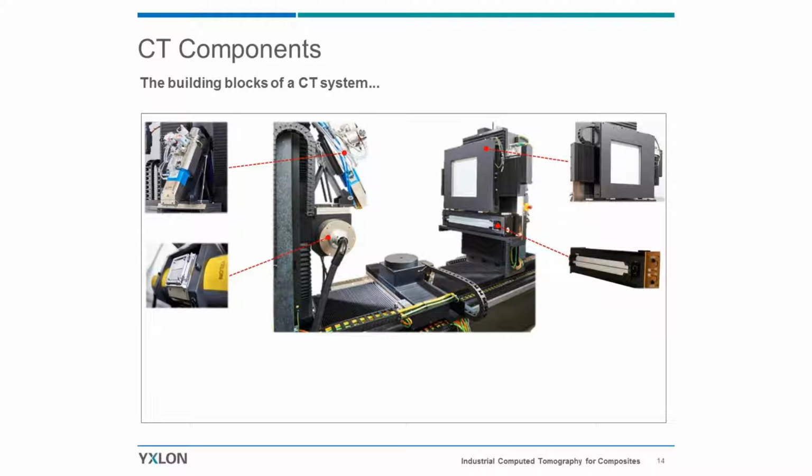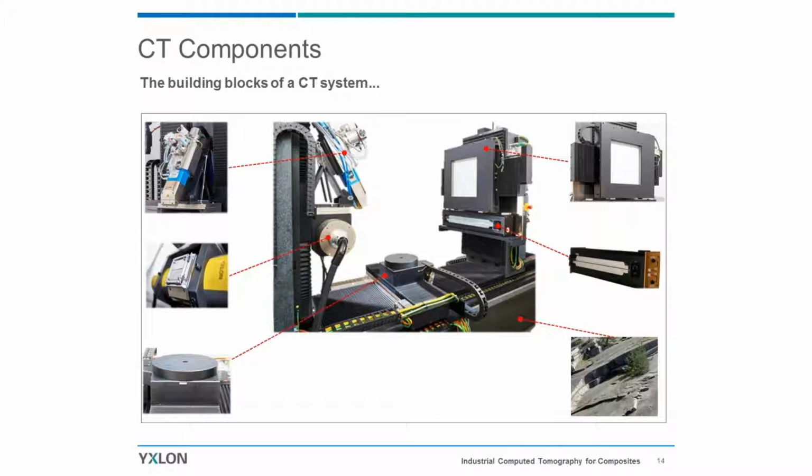And on the right, you see, in this case, two detectors. A lot of systems only have one detector and one tube. In this case, this is our CT modular, which can be equipped with two detectors and two sources. So you see a flat panel detector on the top right, and then a line detector below that. And we have a rotary stage, where the sample has to be attached.